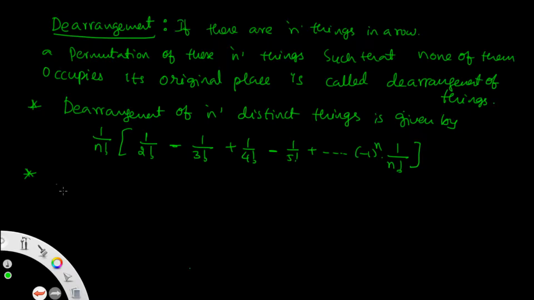Exactly one letter going to the wrong addressed envelope is zero ways. Exactly r letters going to the wrong addressed envelopes is nPr into 1 by 2 factorial minus 1 by 3 factorial plus 1 by 4 factorial, and so on, minus 1 whole power r by r factorial, which is the derangement formula. And all the letters going to the wrong addressed envelopes is nPn into 1 by 2 factorial minus 1 by 3 factorial plus 1 by 4 factorial, and so on, minus 1 whole power n by n factorial.